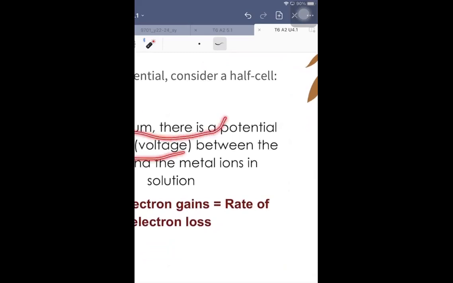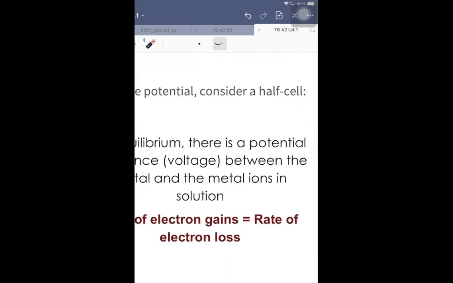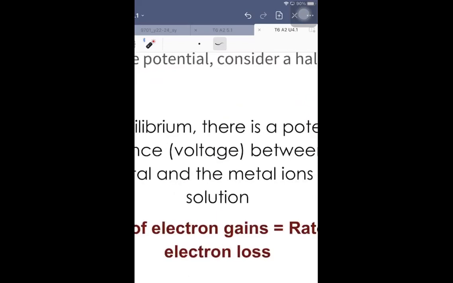But how do we want to find this potential difference? How do we find the voltage? It is impossible to just connect this to a voltmeter and read off the value from the voltmeter. We cannot do that.